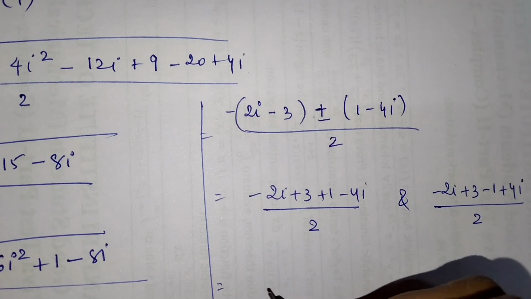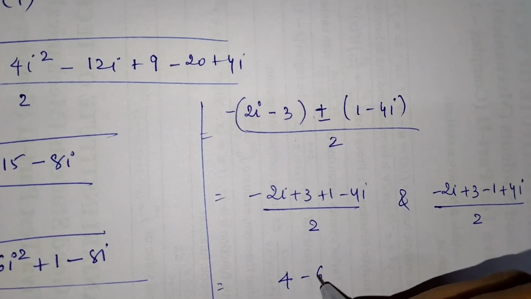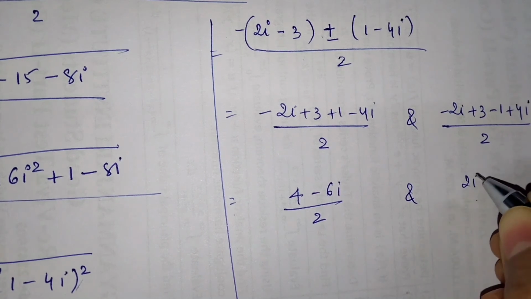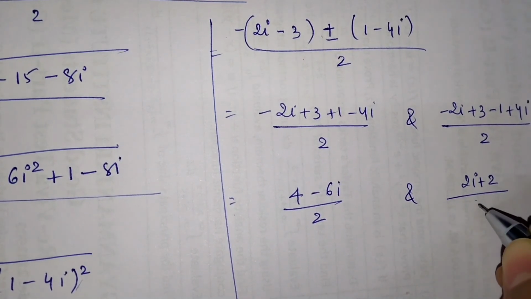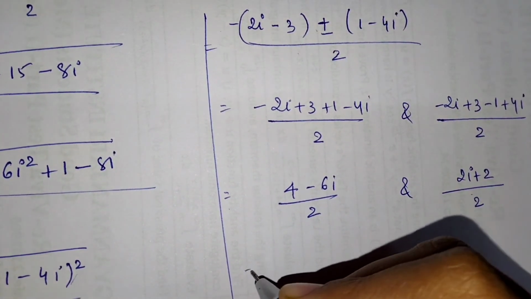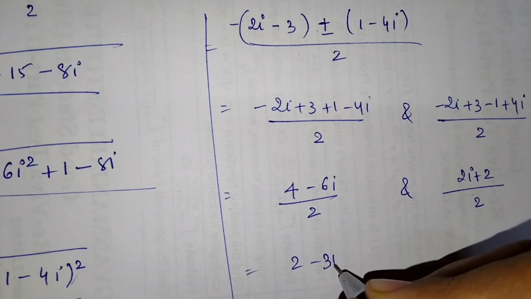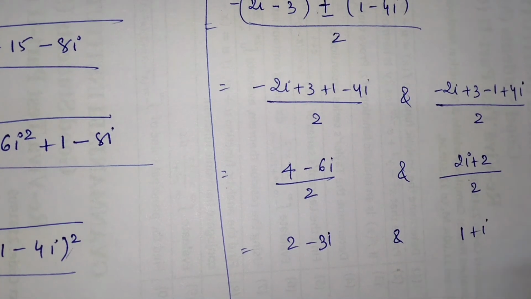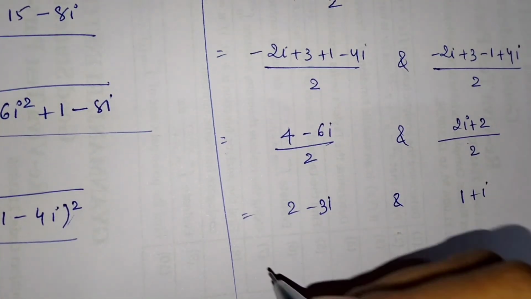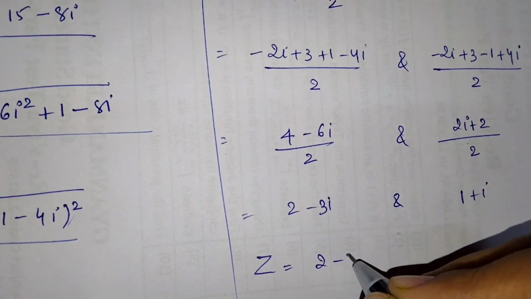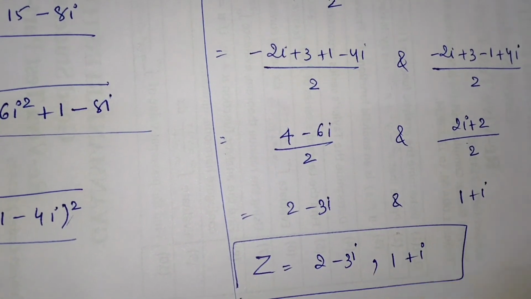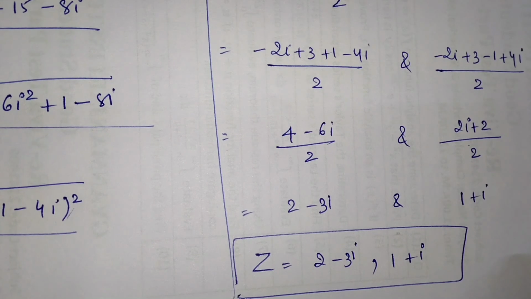That is equivalent to 4 minus 6i by 2 and 2i plus 2 by 2. So you will get 2 minus 3i here, and here you will get 1 plus i. So we get z equal to 2 minus 3i and 1 plus i. So these are the roots of the equation.